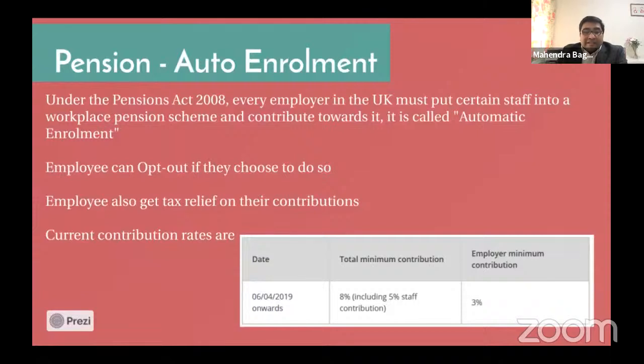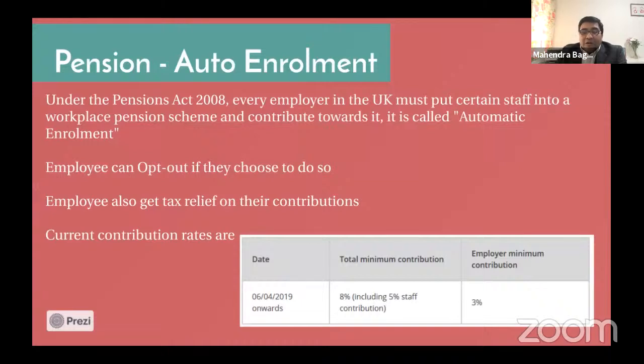The employee also gets tax relief on their contribution, and there are different methods of it, whether relief at source or getting the credit through HMRC. The current contribution rates, which are still applicable, I believe, are 5% from the staff and the employer is giving 3%.